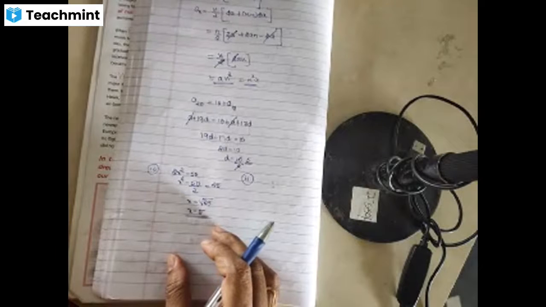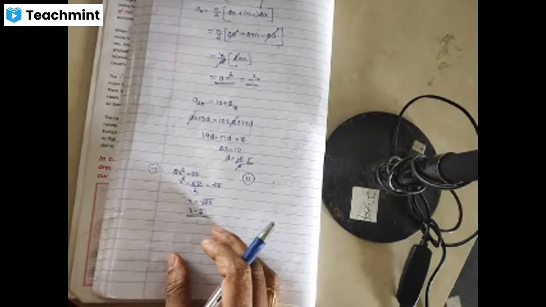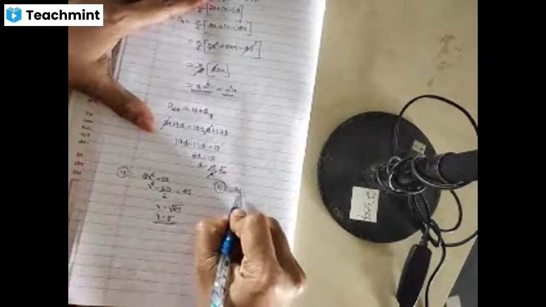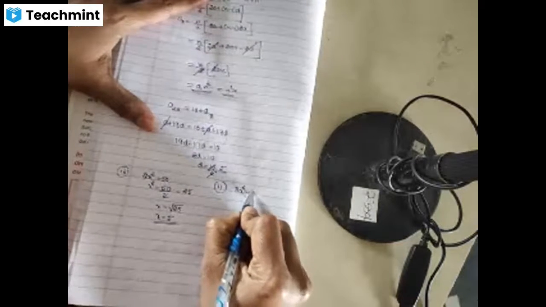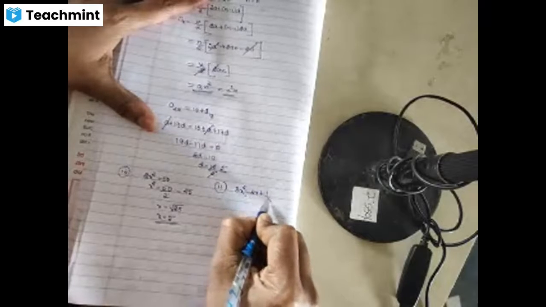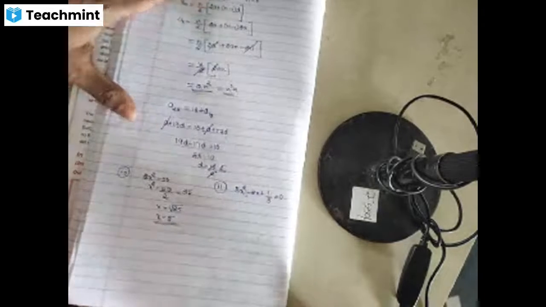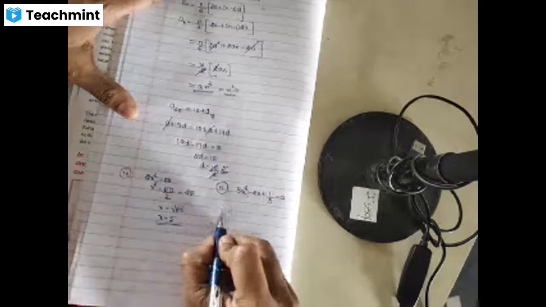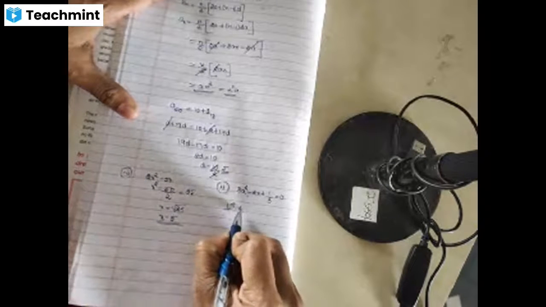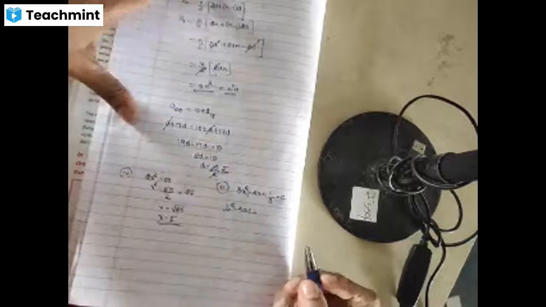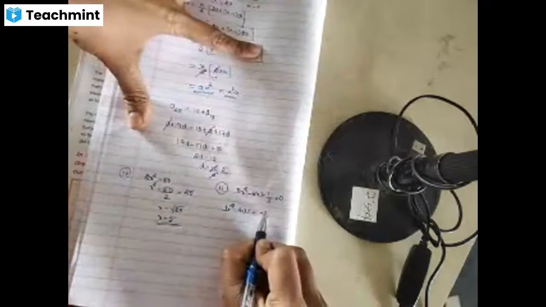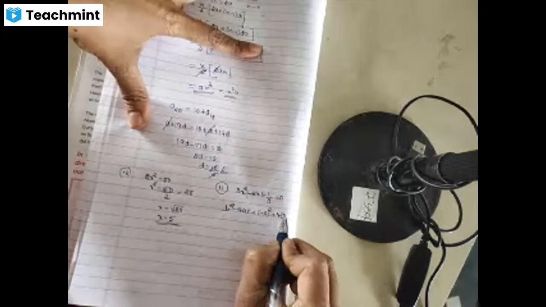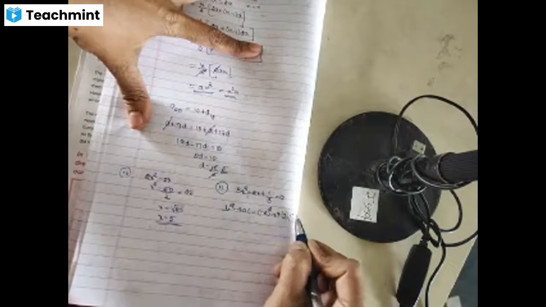Next, 11th question. Discriminant of the quadratic equation. So what is the discriminant? The equation is given as 3x square minus 2x plus 1 by 3 equal to 0. Discriminant value is b square minus 4ac. So substitute: b is minus 2 the whole square, plus 4, a is 3, c is 1 by 3.